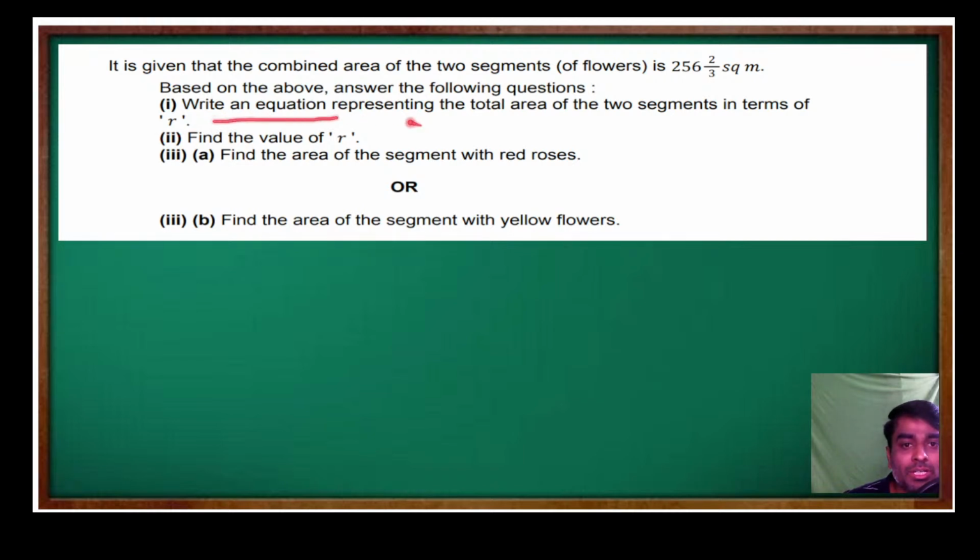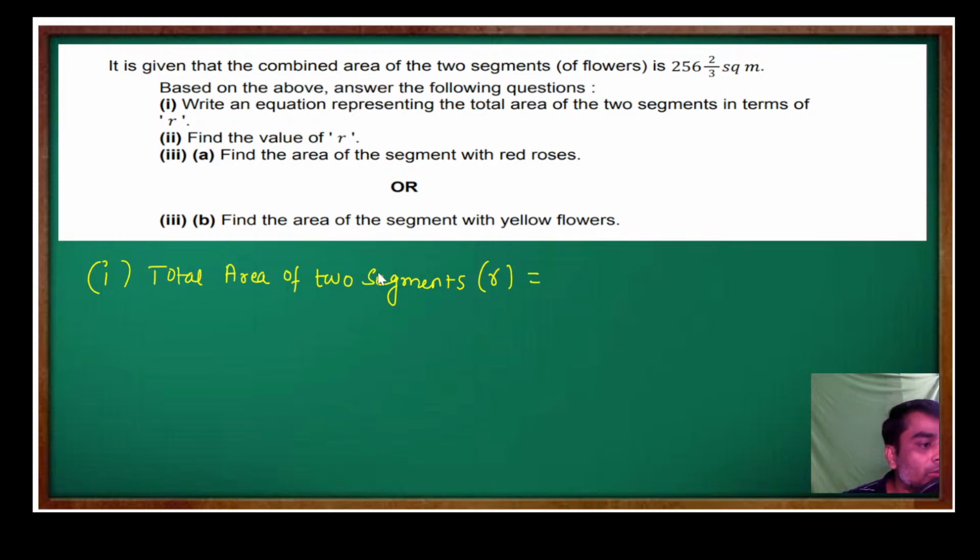Write an equation representing the total area of the segments in terms of r. So first we'll take the first one: the equation for the total area of two segments in terms of r.